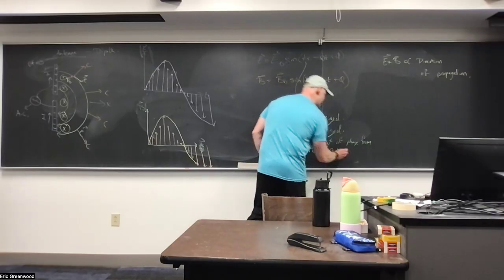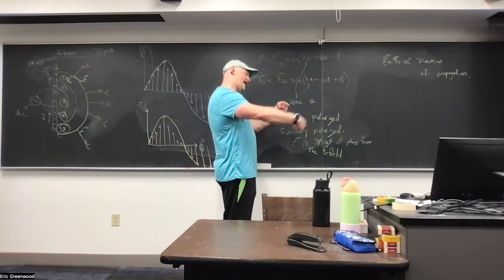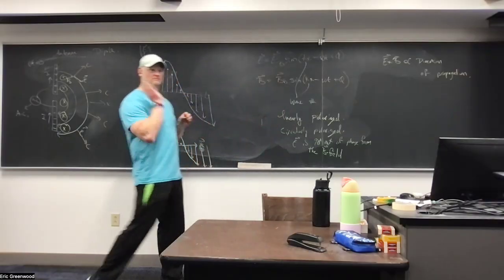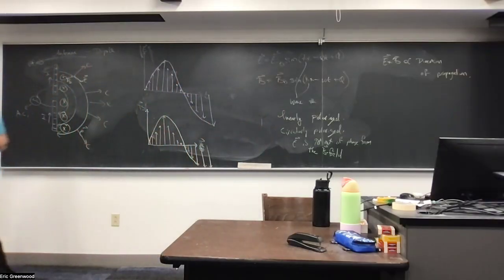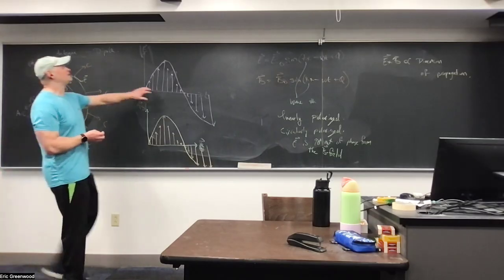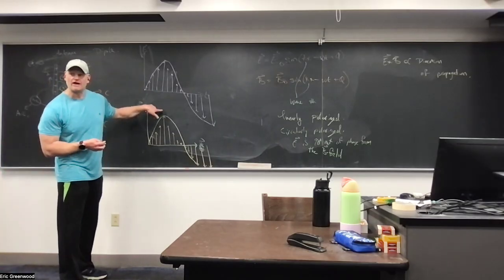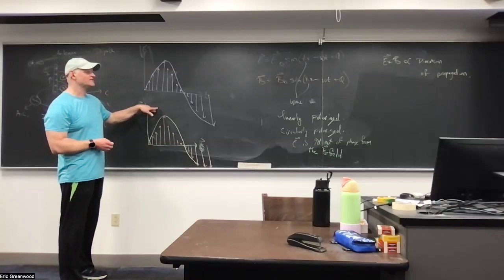So what happens in this case then is it actually circles around the axis at which it is traveling. So think of basically a helix. The thing is creating a helix in this case. Now we're only going to be playing with linearly polarized light, but just note that this is actually something which is true.